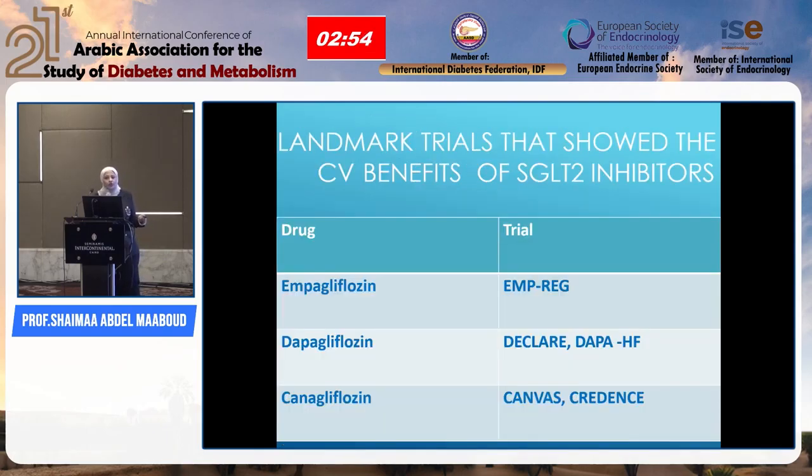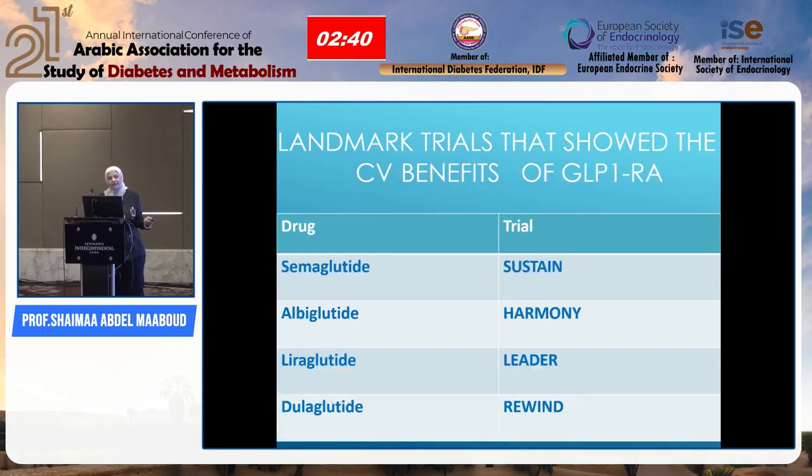Landmark trials that show the cardiovascular benefits: empagliflozin is EMPA-REG; dapagliflozin, DECLARE and DAPA-HF; canagliflozin, CANVAS and CREDENCE; semaglutide, SUSTAIN; albiglutide, HARMONY; liraglutide, LEADER; dulaglutide, REWIND.